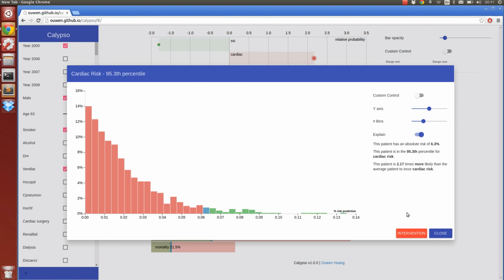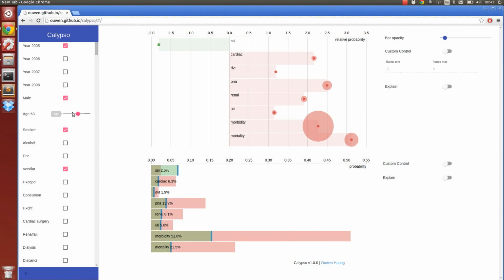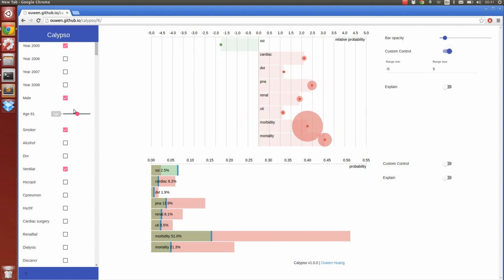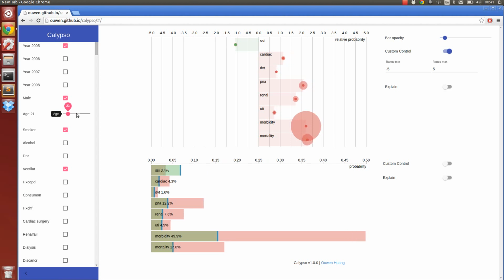And ideally, the next step that we want is to provide some intervention. And with this intervention, we can see that if we adjust some factors, what will happen to the risk. And so we can see that in this fantasy world where we adjust age, the risks have decreased.